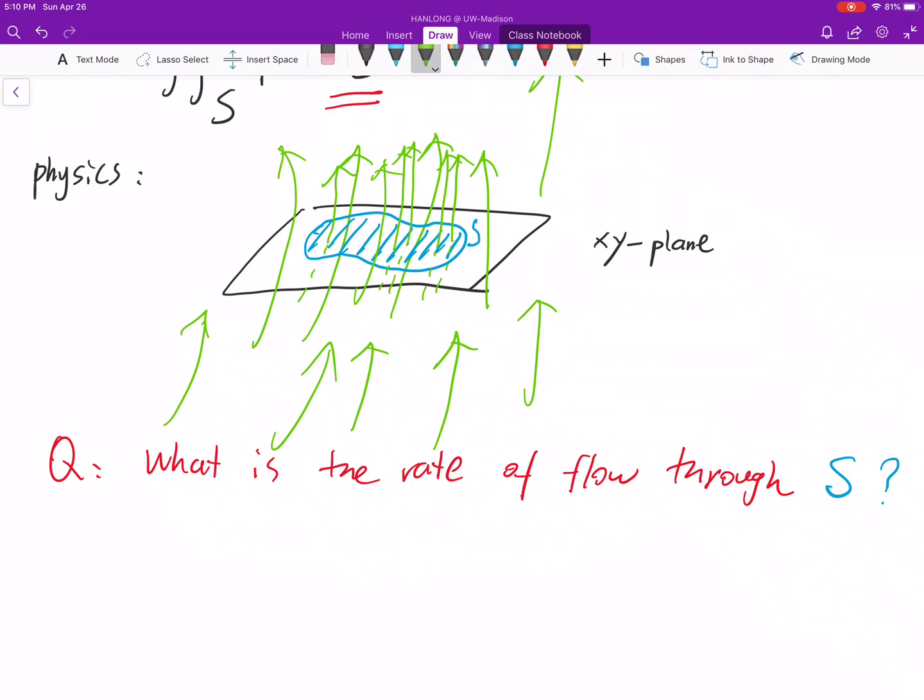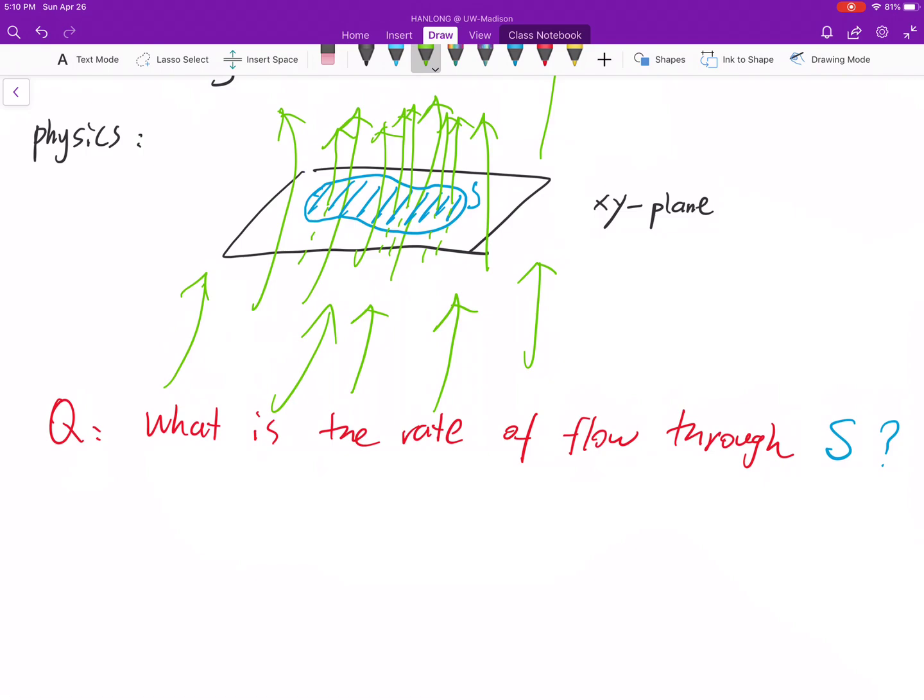We will not get into the detail of the physical explanation, but it's a good idea to have some picture inside. So we are counting the green lines passing through the blue region.